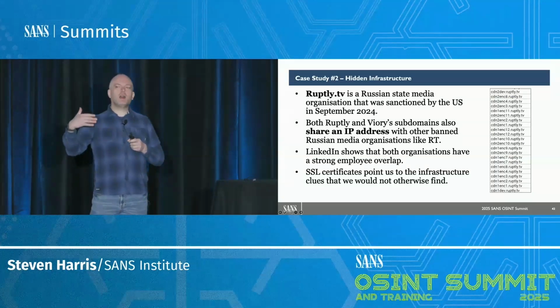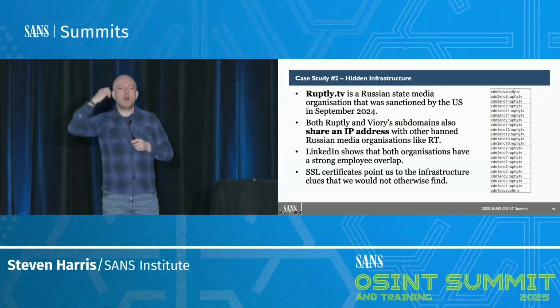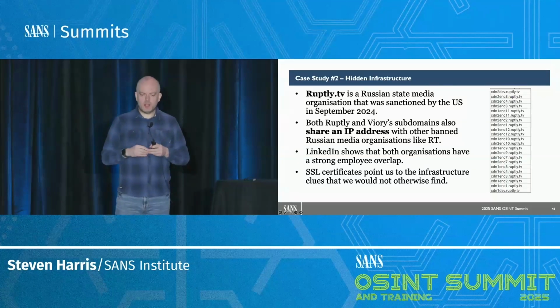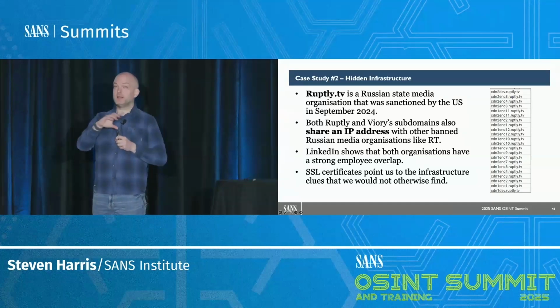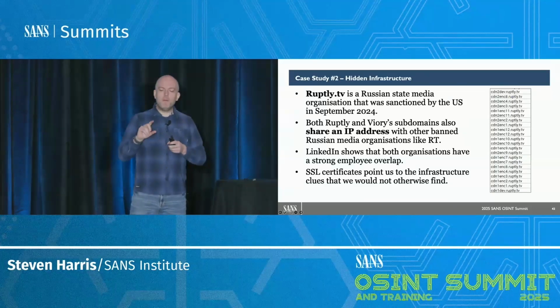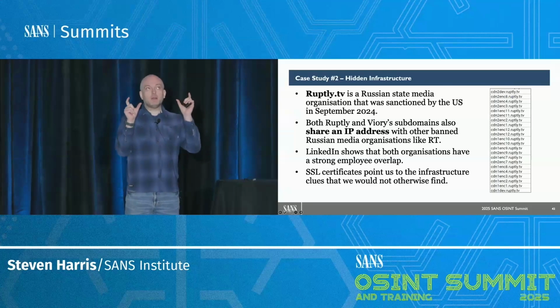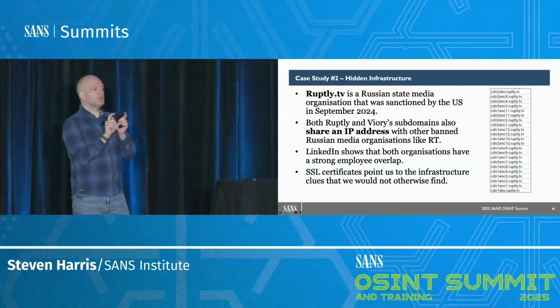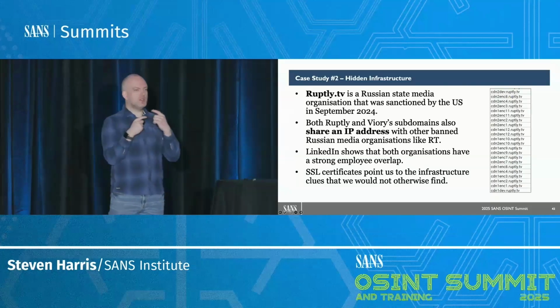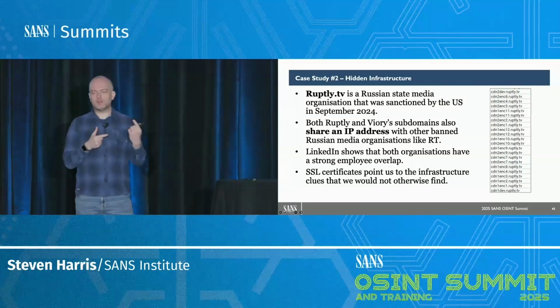Now, Ruptly.tv is overtly a Russian state media operation. They were sanctioned by the US in September last year. But Ruptly and Viori are the only two organizations in the entire world ever that use that same subdomain naming format, which is a very strong link that we can find through the certificates.